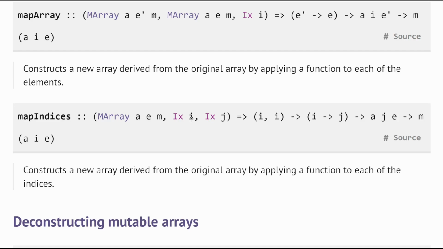If i and j are both indexed, why does it want two i's? I get that it wants an i to j. It'll turn a j e into an a i e. But why does it want two i's?